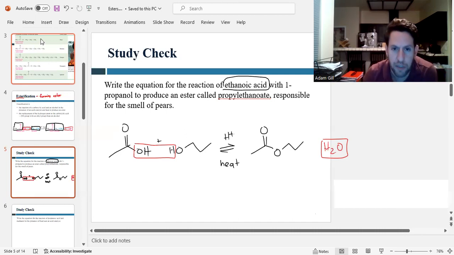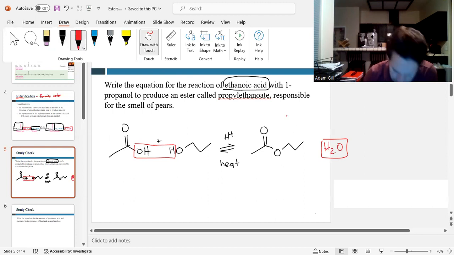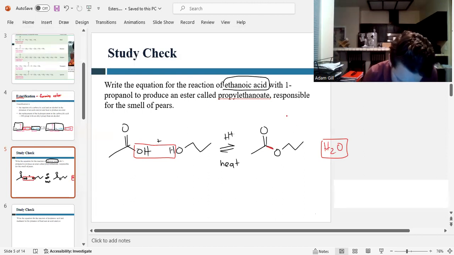And that carbon chain here is still attached. So we essentially combine this and this together as the ester. So the bond that we formed is this bond right here, the ester bond. So carboxylic acid and an alcohol condense to form the ester. And in the process, you kick out a water molecule.